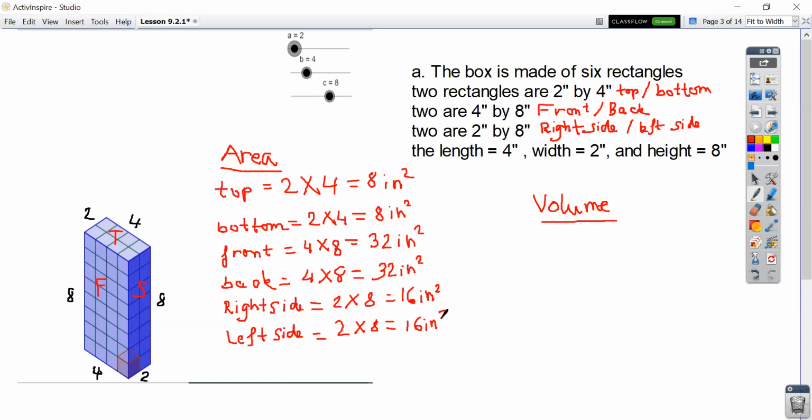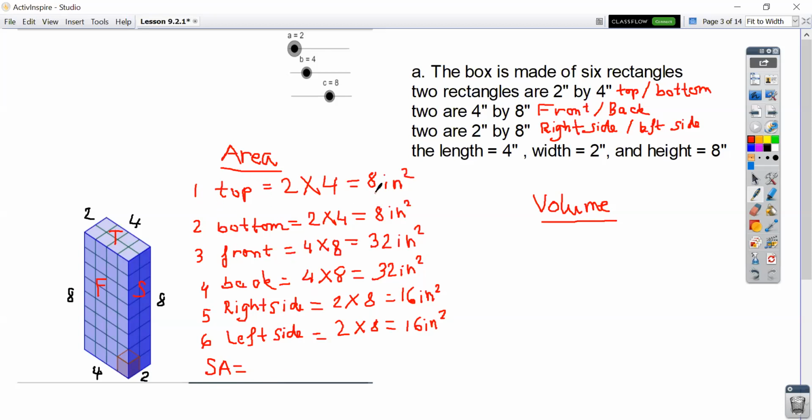So what do we look for? How much cardboard is needed to create all 6 of the faces? We have 1, 2, 3, 4, 5, and 6 faces. That means they are talking about the surface area. They're looking for the total area.